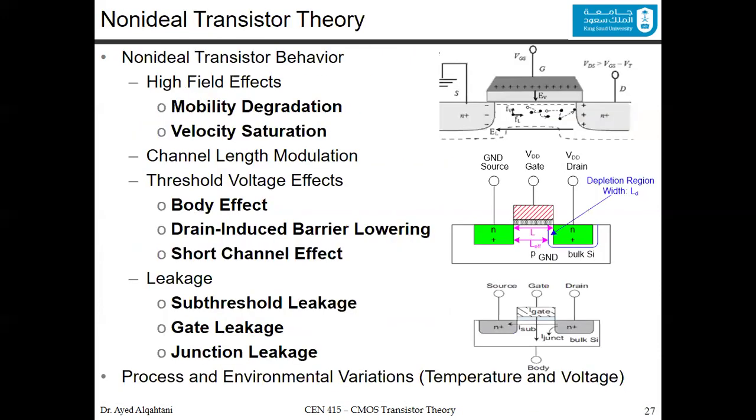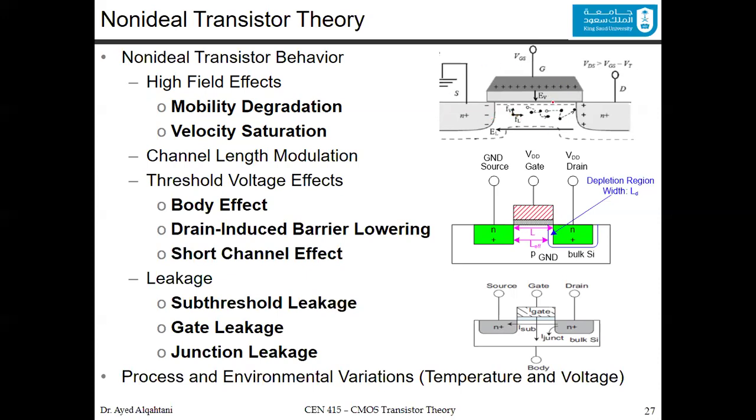However, we actually have non-ideal transistor behavior because of many effects, like the high field effect. Because of this, you have mobility degradation and velocity saturation.